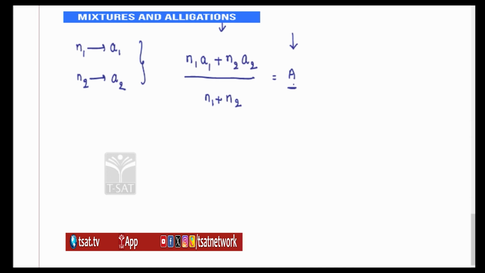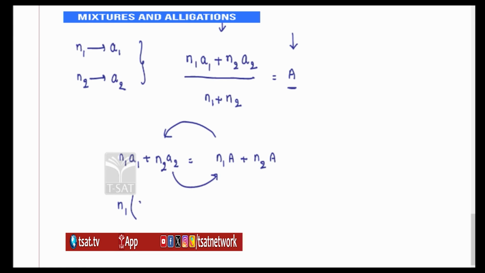If you wish to find the combined average, it will always be N1 A1 plus N2 A2 by N1 plus N2. How do I explore this formula further? Cross multiply N1 plus N2 and send it that side. It becomes N1 into capital A plus N2 into capital A. Further, bring N1 here and N2 that side.